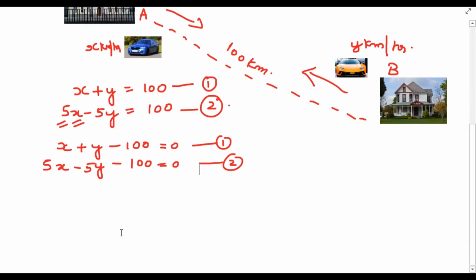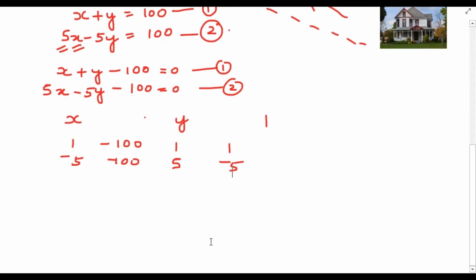Now we will write the constants and the coefficients of x and y. First 1 and minus 5, then minus 100, minus 100, then the coefficient of x, 1, 5, again the coefficient of y, that is 1, minus 5, and cross multiply this.